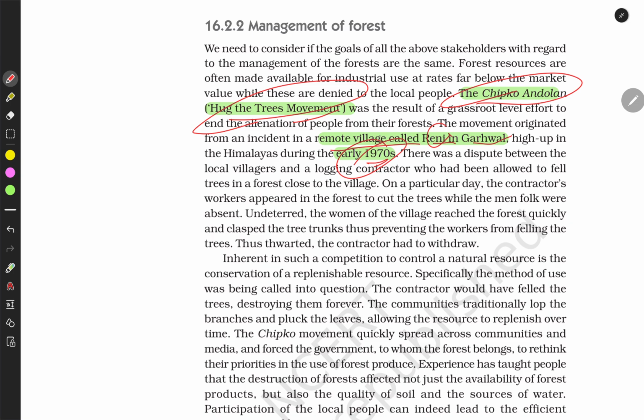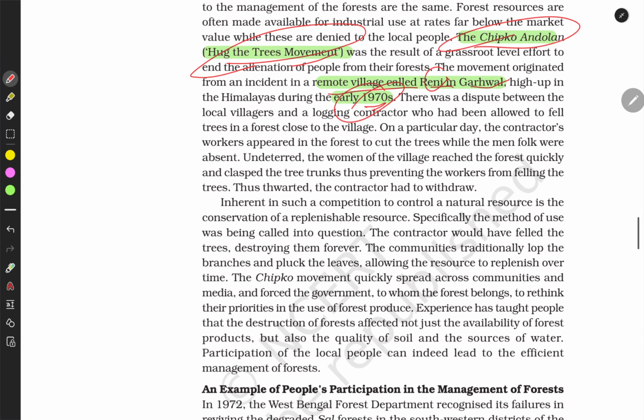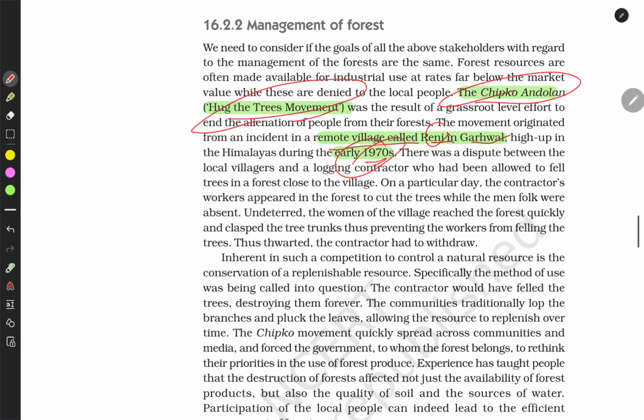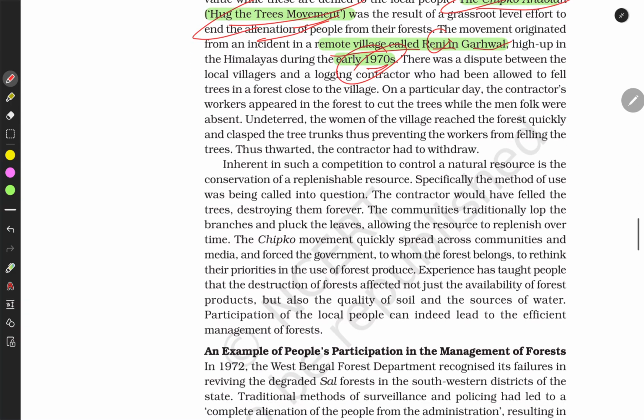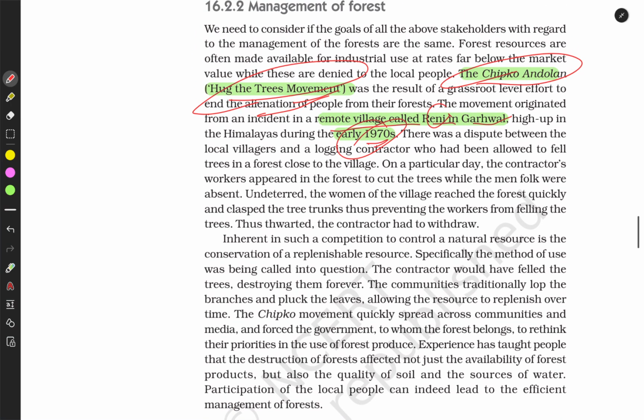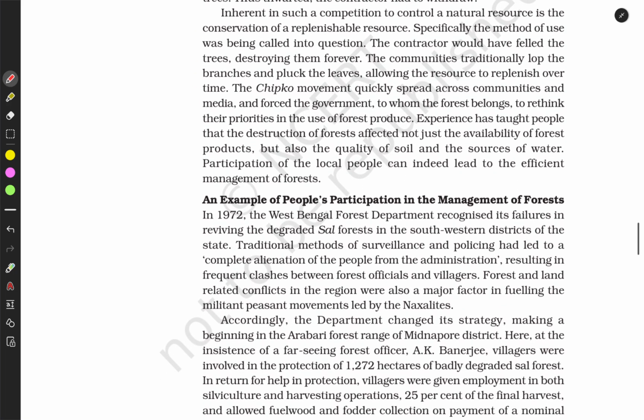Contractors had been permitted the mass destruction of the trees, and so nearby villagers went into the forest and hugged these trees. Local communities saved the trees from being cut down, and this was a major turning point in conservation movements in India, particularly after independence.